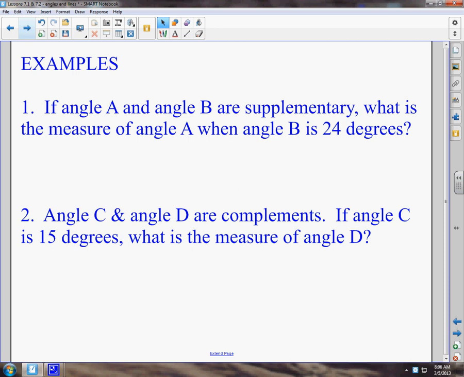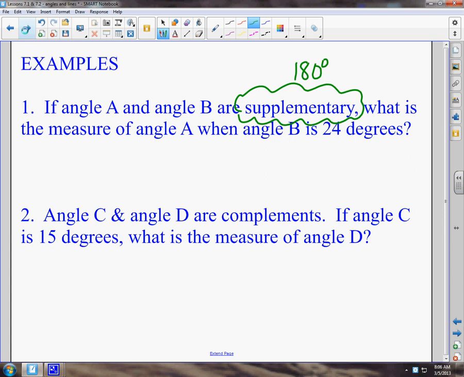Okay, so angle A and angle B are supplementary. Supplementary means they add up to 180 degrees. So what is angle A when angle B is 24? So I have 180 minus 24, because 24 degrees is angle B. So I'm going to subtract these.